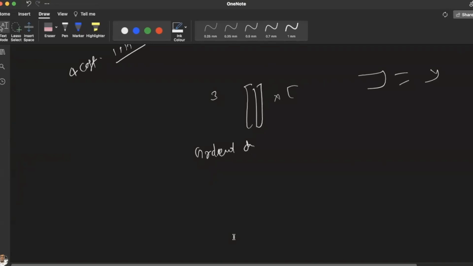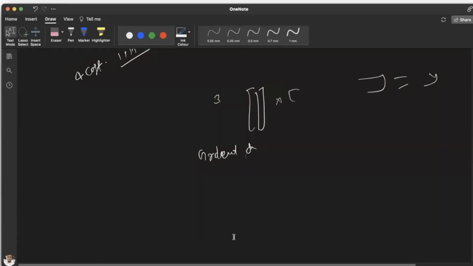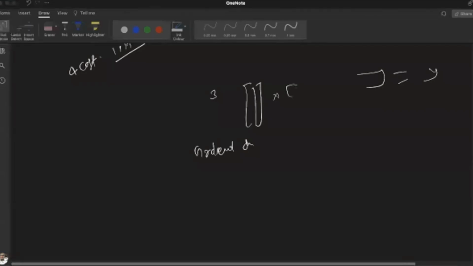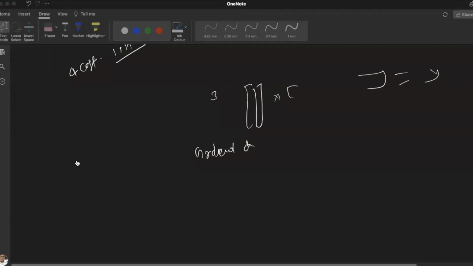So let me just give you the coding implementation of this one as well. Let me share a different screen for it. Okay, so I'll show you how you can do the same in your case.